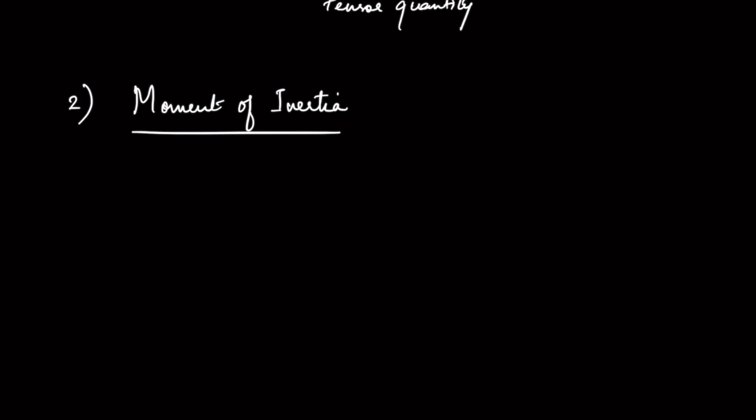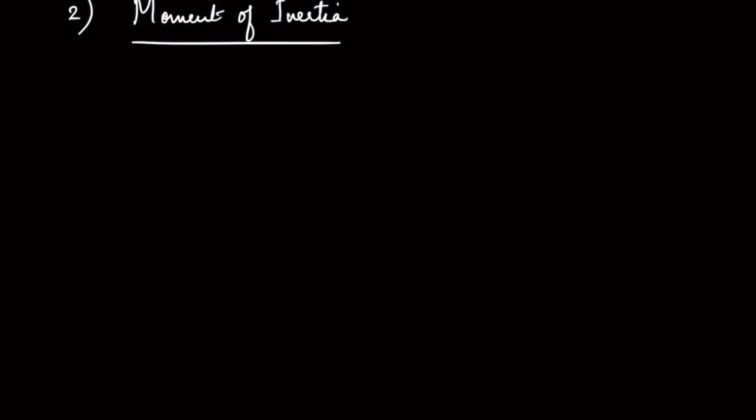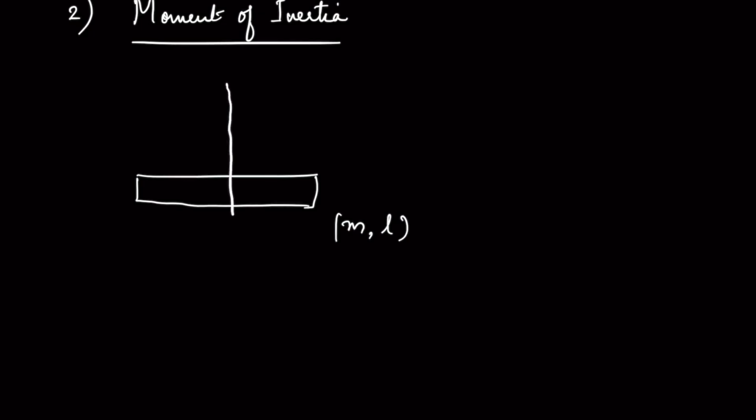Consider a rectangular bar of mass m and length L. If I consider the axis which is perpendicular to the center of the rectangular bar, and I am rotating about an axis passing through the center of mass of the bar, then the moment of inertia I is given by mL square by 12, right?